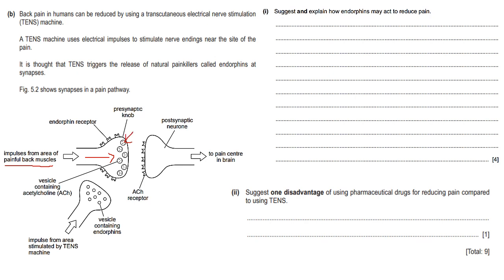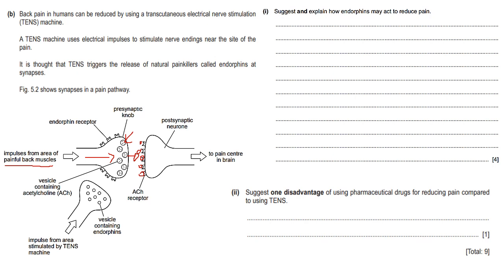These vesicles are carrying acetylcholine, and so they would then move into the synaptic cleft and bind to the receptors. So the vesicles will fuse with the presynaptic membrane, release acetylcholine, it binds to the receptors on the postsynaptic membrane, and obviously that sends a message to the brain to say there's pain happening here.